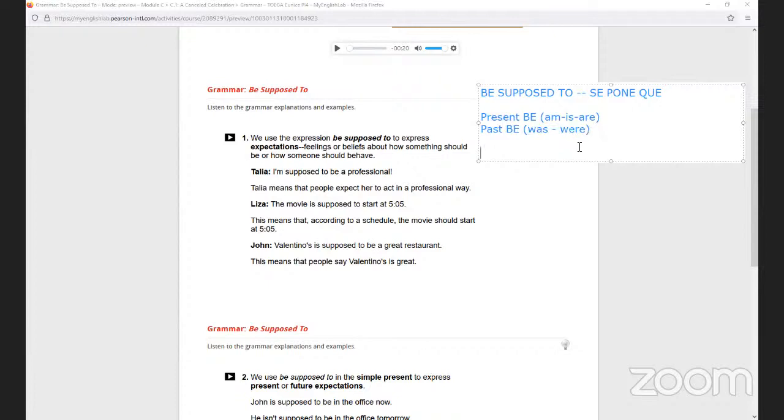Okay, so the structure that we have for this grammar is the following one. This is like subject plus be plus supposed to, and always the verb in base form plus the complement.